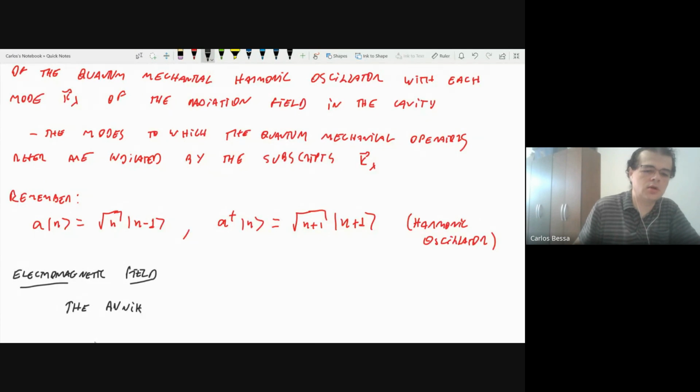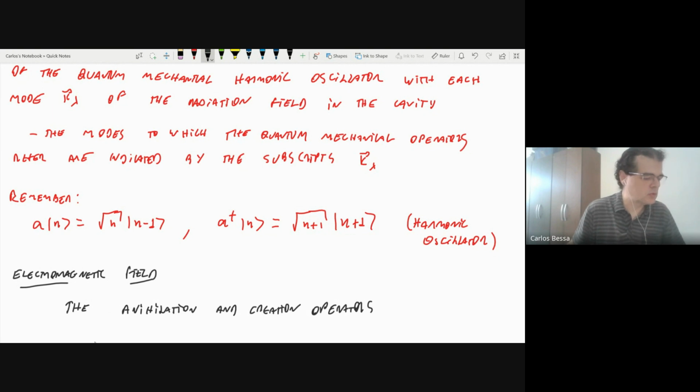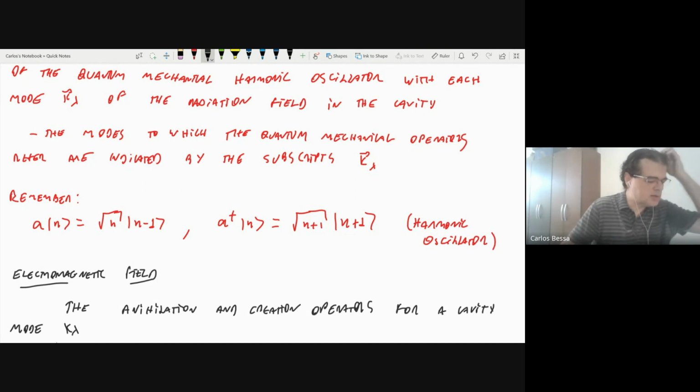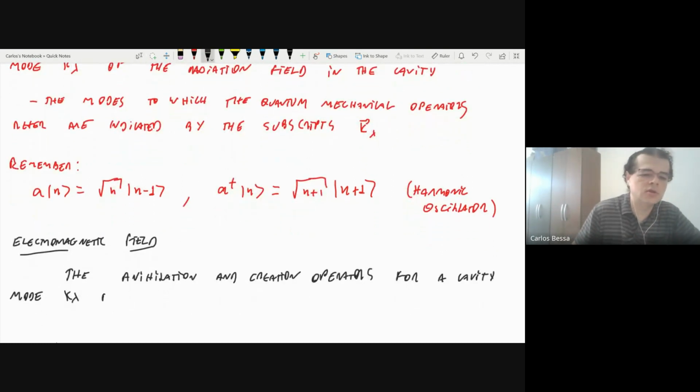The annihilation and creation operators for a cavity mode like k lambda take a similar form.